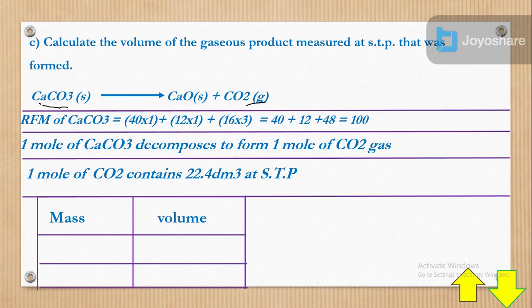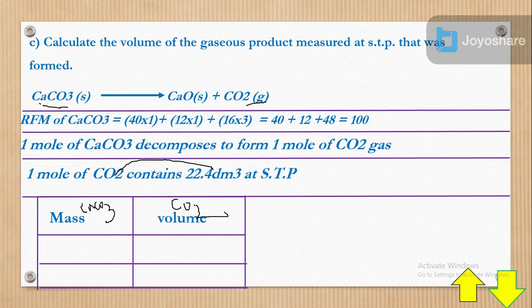Carbon dioxide is measured in terms of volume, so this one here talks about carbon dioxide, CO2. Then the mass given to us in the question was of calcium carbonate, so this one here is calcium carbonate. Allow me to write it like that.